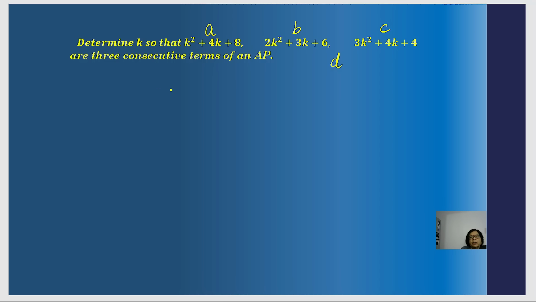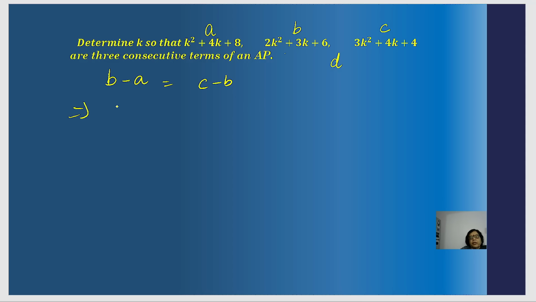Now by the very definition of this AP, as I just said, we can write over here B minus A, that is the difference between the first and the second term, will be equal to C minus B, the difference between the second and the third term.